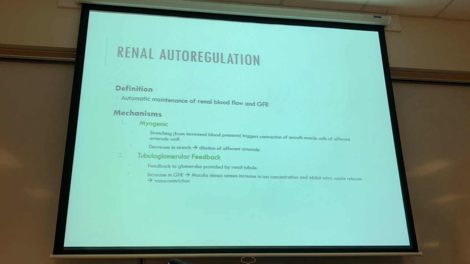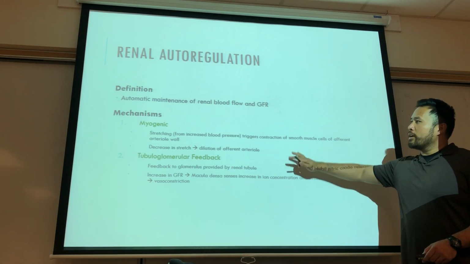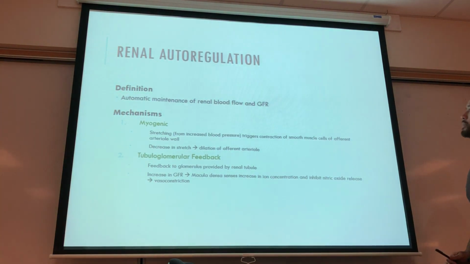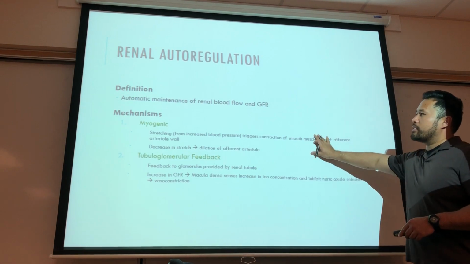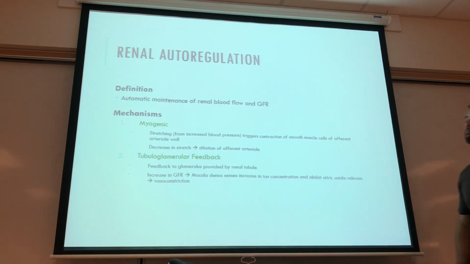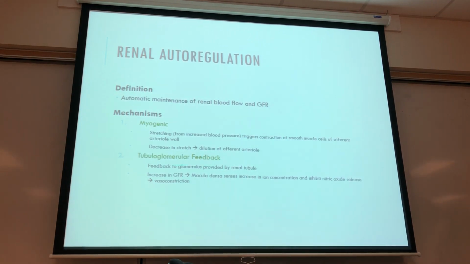Renal autoregulation. So we're going to talk about the reflexes involved. This is all feeding information back into the kidneys and the efferent pathway outwards to regulate renal blood flow. The two mechanisms in place are the myogenic mechanism, and the second one, tubuloglomerular feedback.